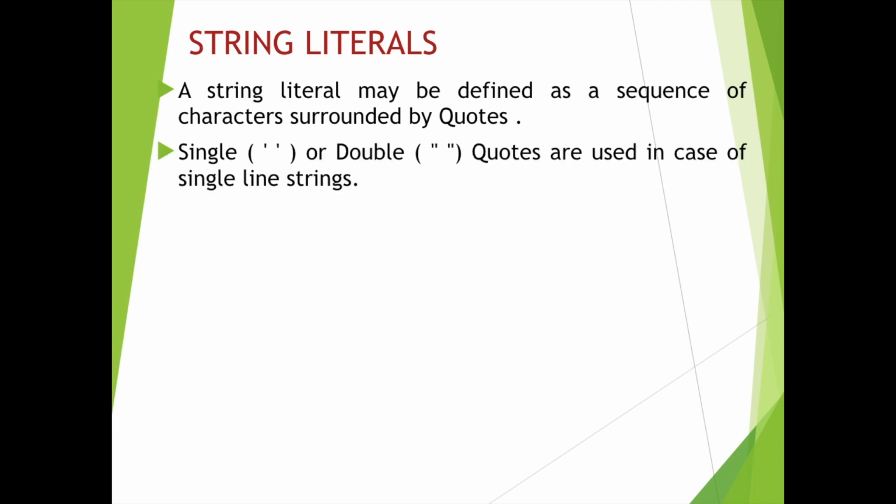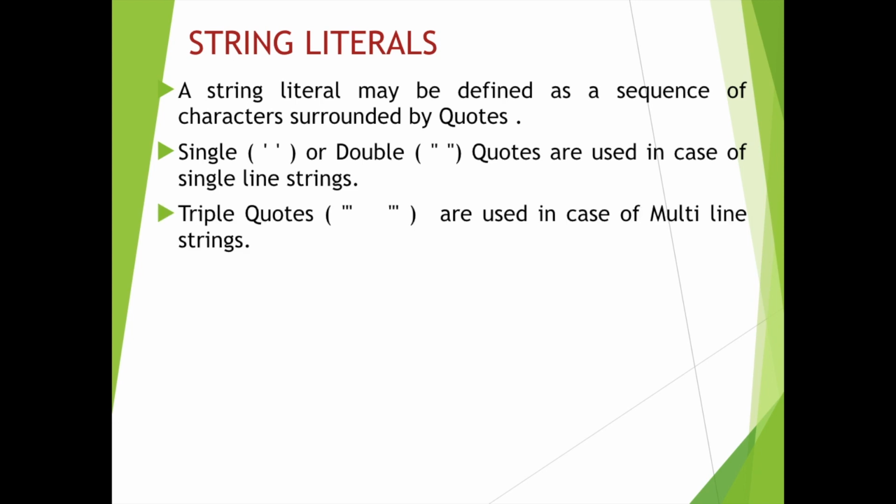Single or double quotes are used in case of single line strings. There are two types of strings, single line strings and multi-line strings. I will be coming to both of them one by one. In case of single line strings, you have to use either single quotes or double quotes. Triple quotes are used in case of multi-line strings.